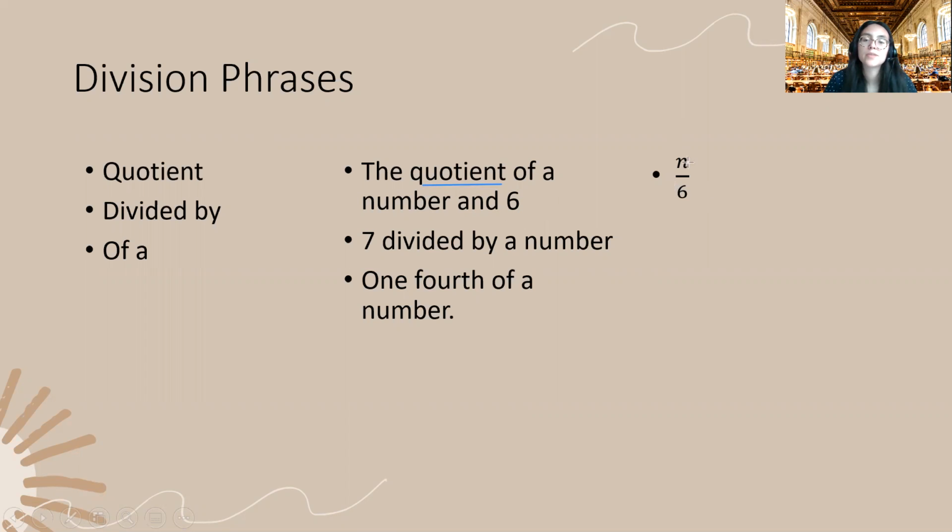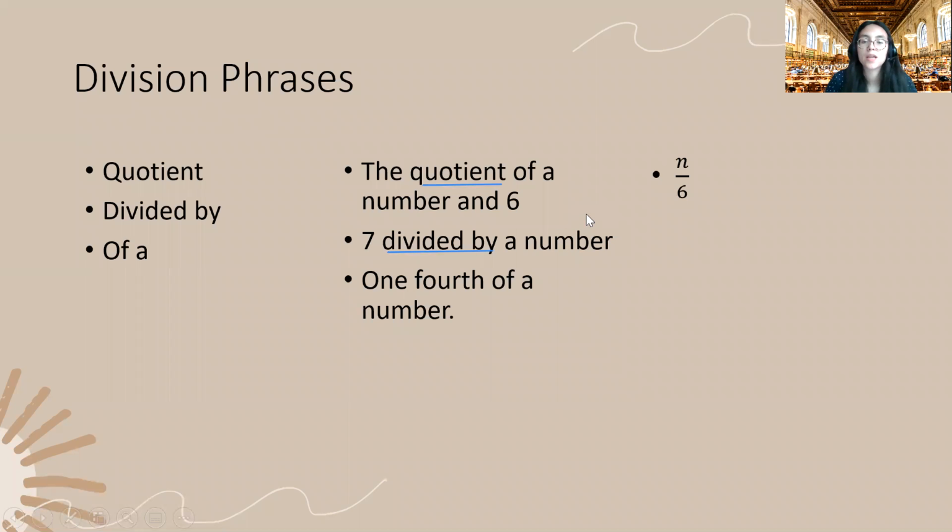And to the left, we see here that this is how we express it. We have a number, so this is our variable, and it's going to be divided by 6. For the next bullet point, we have 7 divided by a number. So 7 is going to be divided by, this means division, and by how much? By a number. This would be our variable.